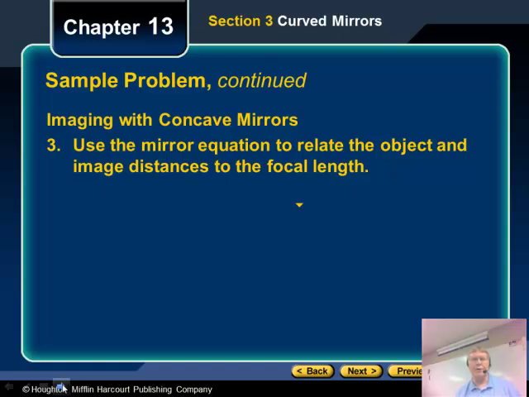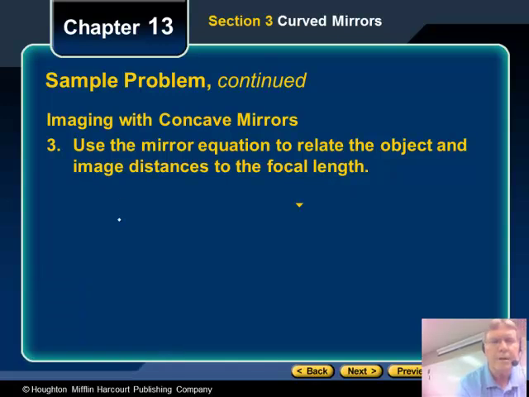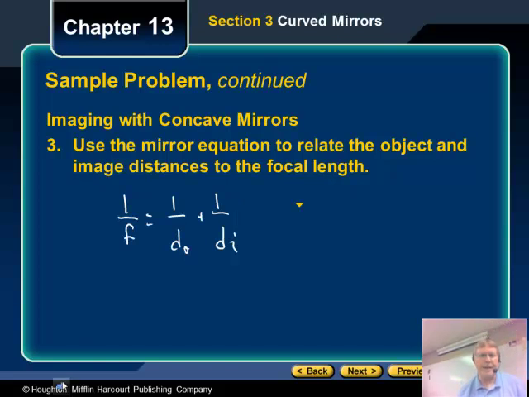Okay, so we want to use the mirror equation to relate the object and image distance to the focal length, and we do that very simply by writing down our equation, 1 over F equals 1 over D sub O plus 1 over D sub I. That's the formula we will use for that.